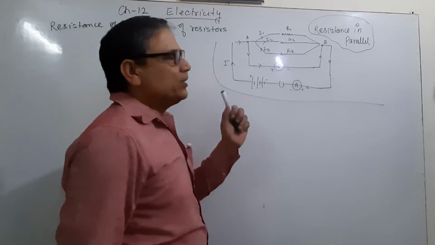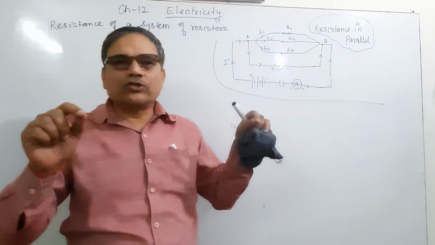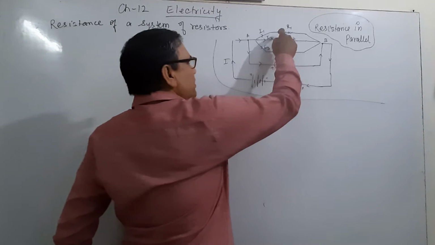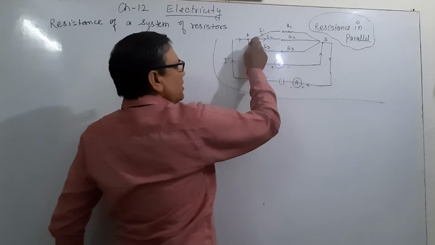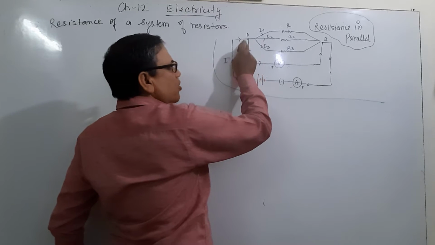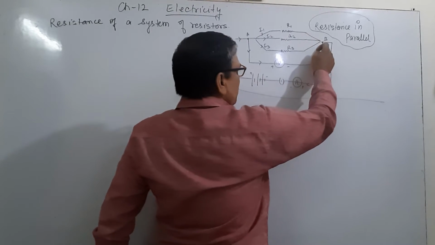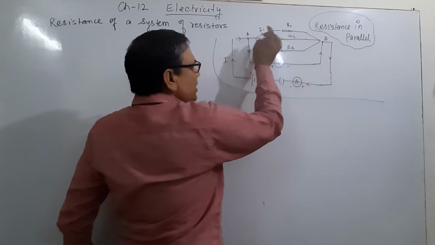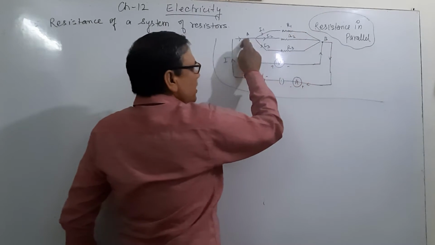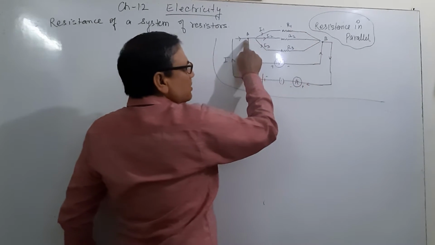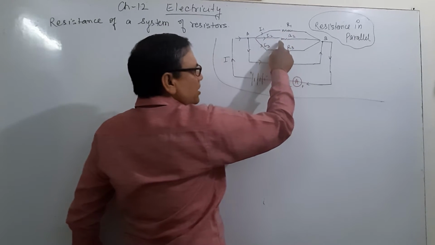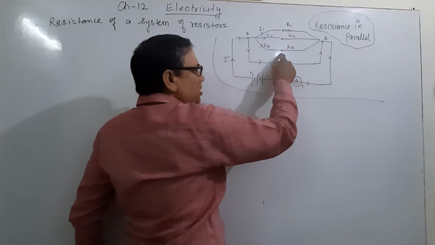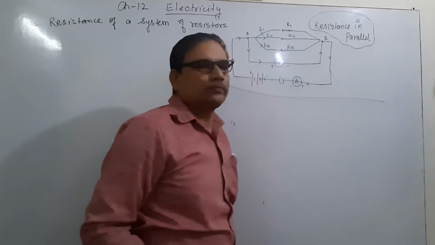When three or more resistances are joined at a single point at two ends, R1, R2, R3 are each joined at a common point A and common point B. When they have common points A and B, it means the potential difference across R1, across R2, across R3 will be the same.